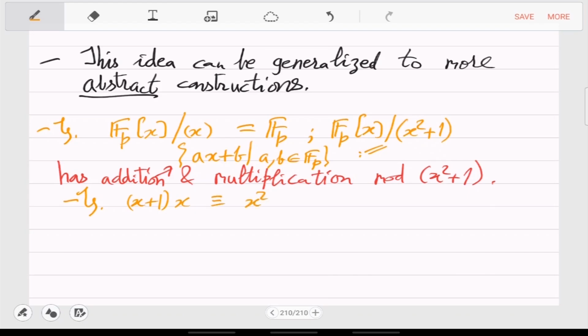This is x square plus x, which is what in this arithmetic? x square is like minus 1, so you get x minus 1, right? So this is the new arithmetic. This is mod arithmetic but without numbers. Now you are doing it more symbolically with variables.